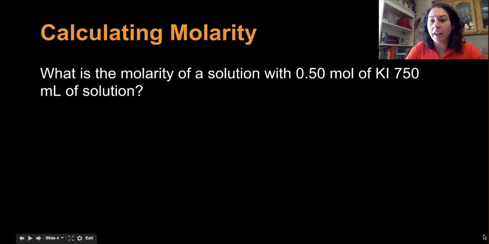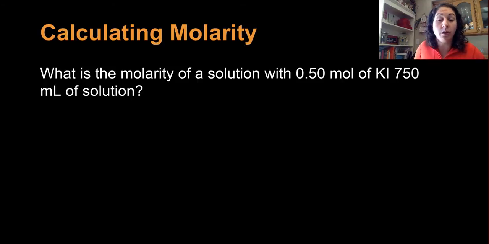So let's try to calculate a few of these so you have some examples with you. The first two that we're going to do are molarity. This one says, what is the molarity of a solution with 0.50 moles of potassium iodide in 750 milliliters of solution?